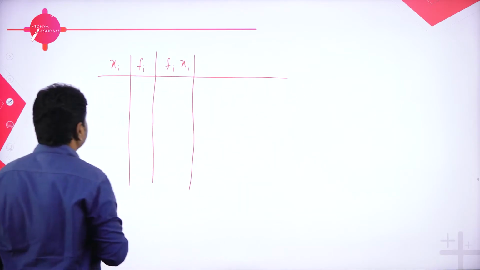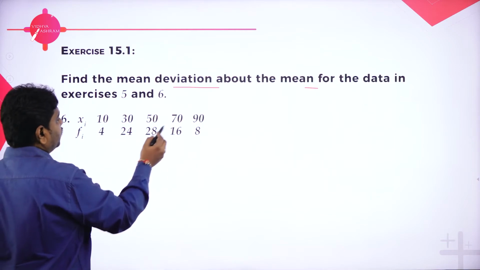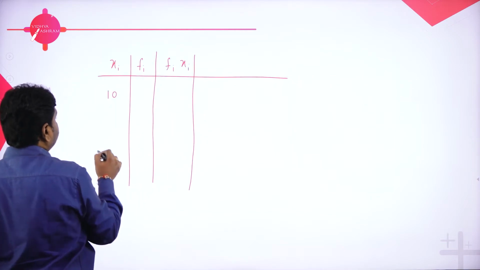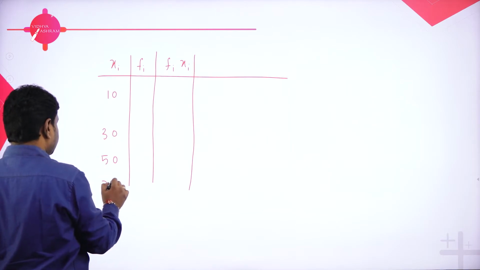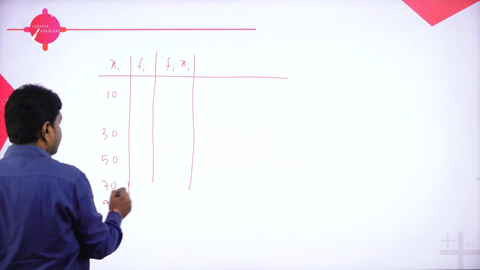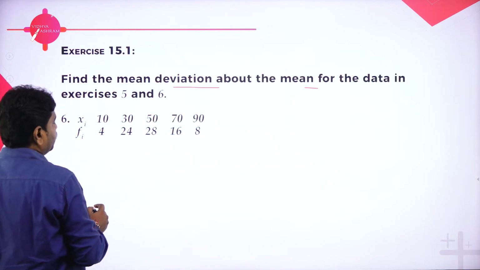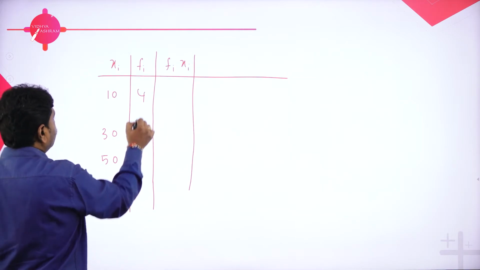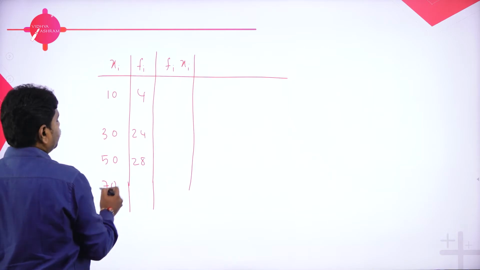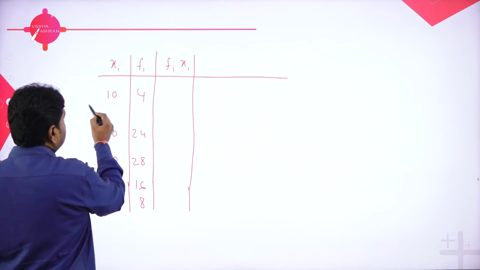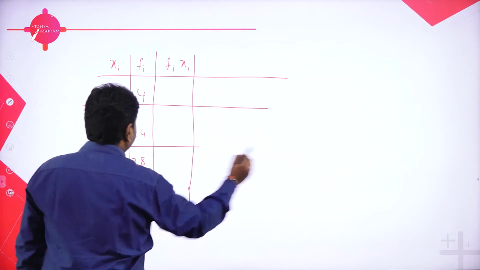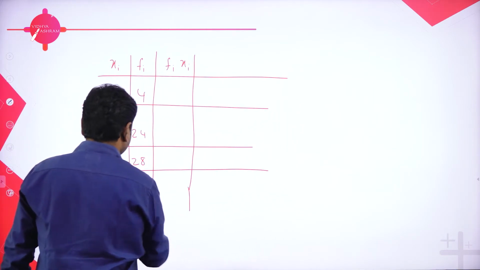So now what are the xi entries? 10, 30, 50, 70, 90. Then the frequencies 4, 24, 28, 16, 8. Then fi xi, the product of these two.